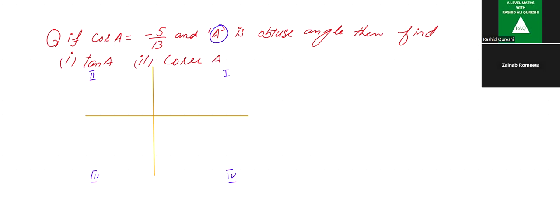Suppose this angle is this one, just like this. Am I right? Now this angle, according to the question, starting with this one, is equal to angle A.